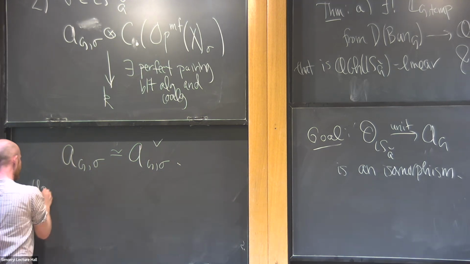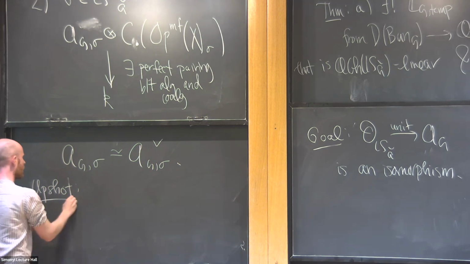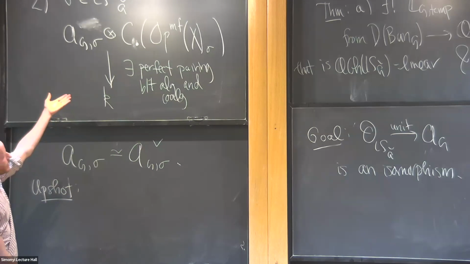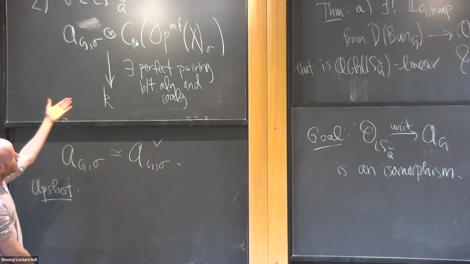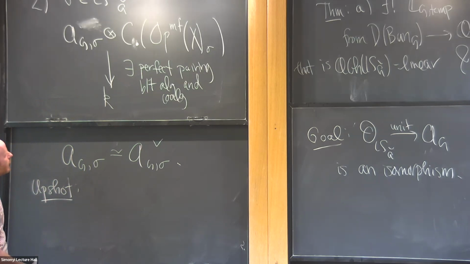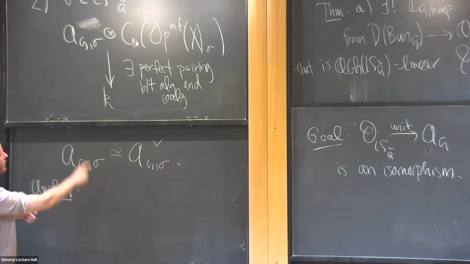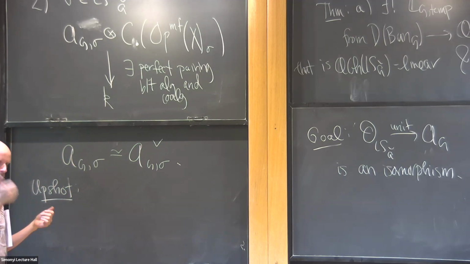But for us, the upshot is going to be the following. If you think about homology of a space as a coalgebra, well, it's just the dual to cohomology, which is commutative. Cohomology is also in degrees greater than or equal to 0. So the only way it can be self-dual is if it's purely in degree 0.